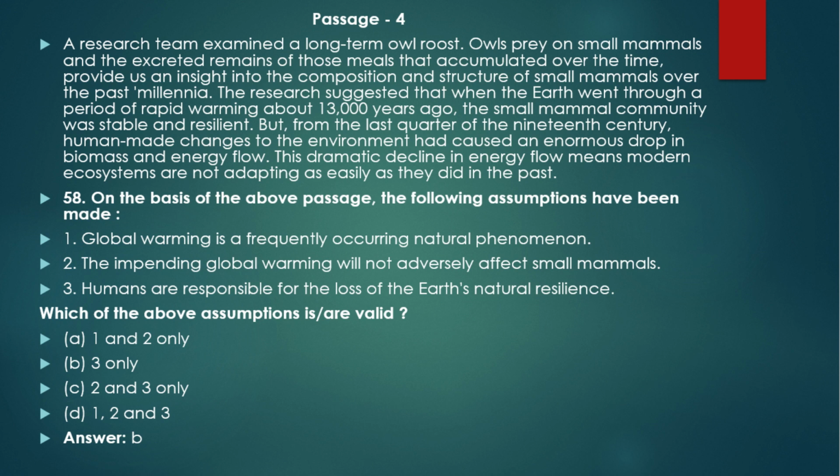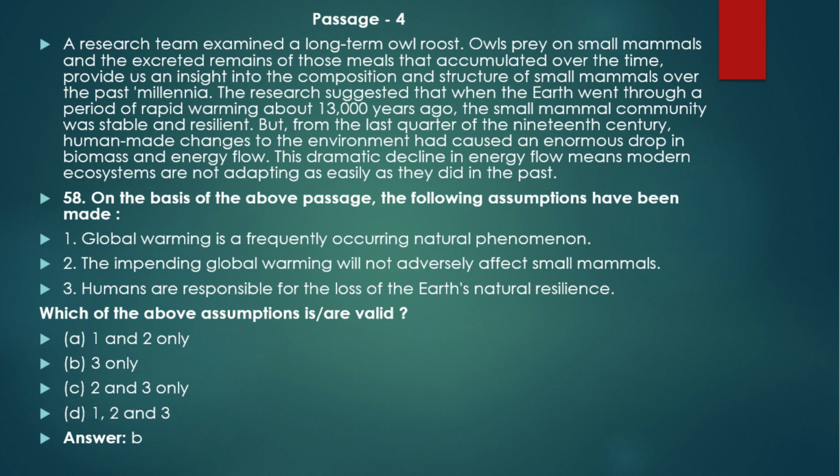Next, passage 4. A research team examined a long-term owl roost. Owls prey on small mammals, and the excreted remains of those meals that accumulated over time provide us an insight into the composition and structure of small mammals over the past millennia.